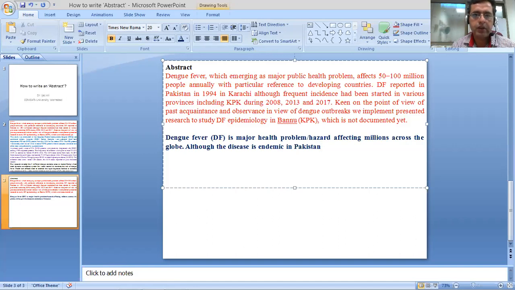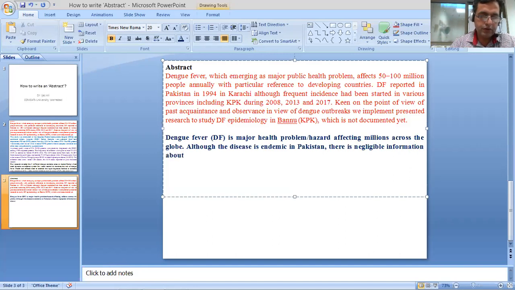So I would just write it like this: although the disease is endemic in Pakistan, there is negligible information about the southern parts of KPK, including Banu. Okay, now I have provided the background and rationale.